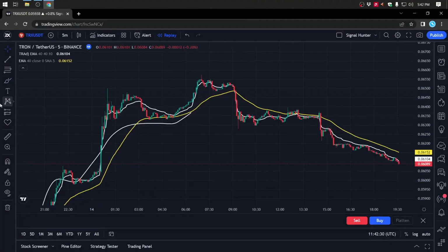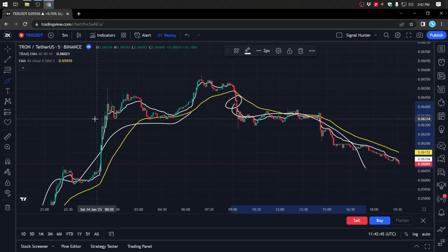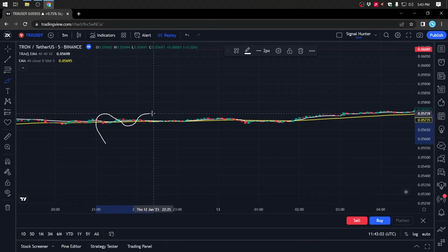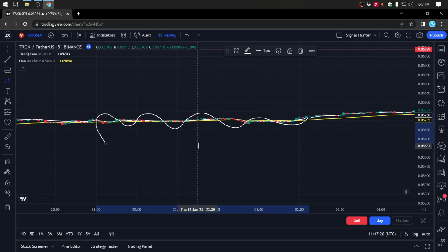And for generating a sell signal, if the price crosses down the EMA and TASC indicator, we take a short position. And remember, we avoid all trades if the EMA and TASC indicator lines are crossing each other like this.